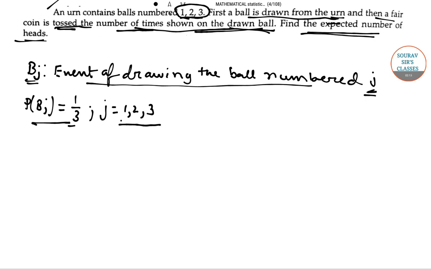So the probability of Bj is 1 by 3 as j is equal to 1, 2, 3. Now from here we'll write X to be the number of heads shown.